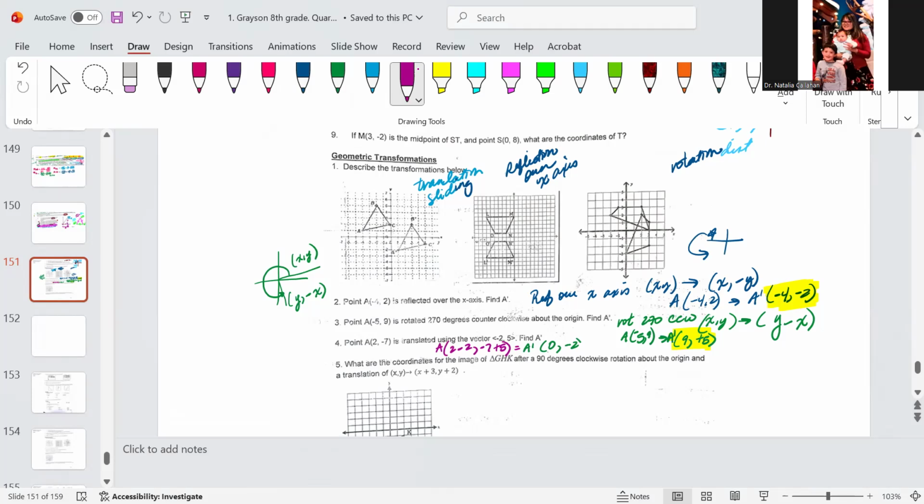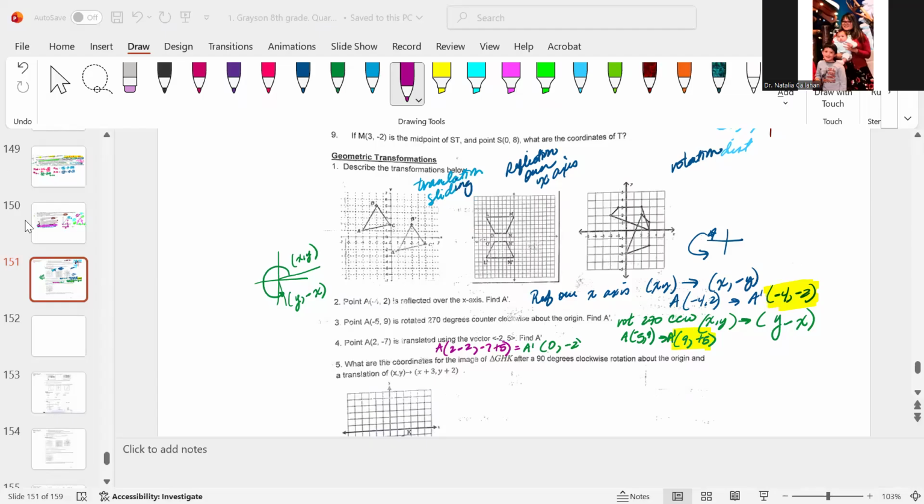Translation, reflection, rotation, right? For these. Okay, check number 2, 3, 4.